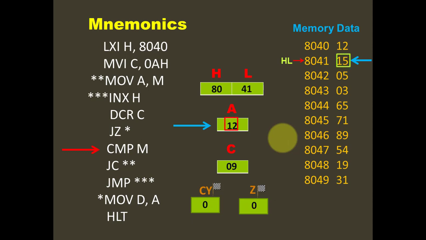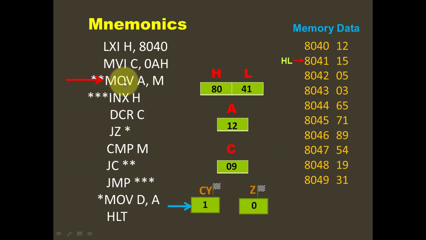Now because 15 is greater than 12, the next instruction checks the carry flag. So carry is set because the data in memory is greater than the data in A. Now the next instruction, jump if carry. Because this carry is set, this condition is satisfied, so it will jump to the double star.